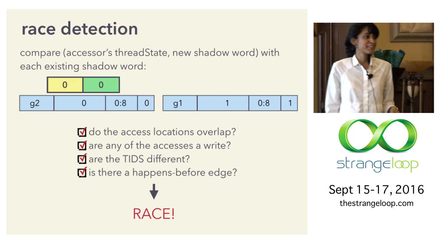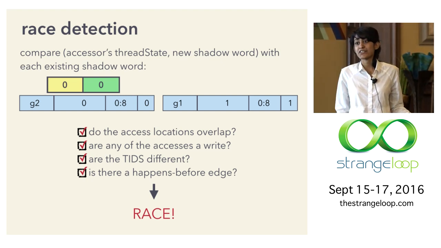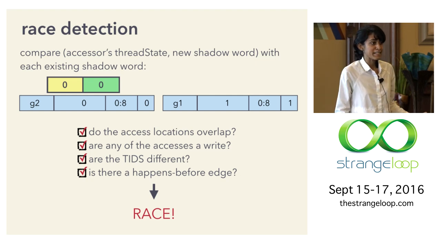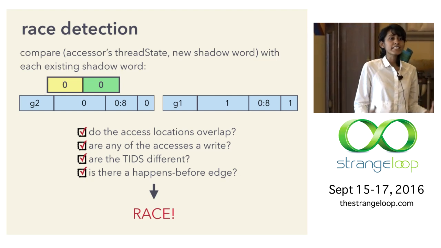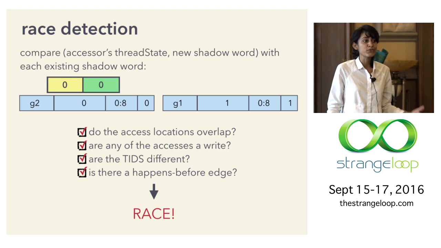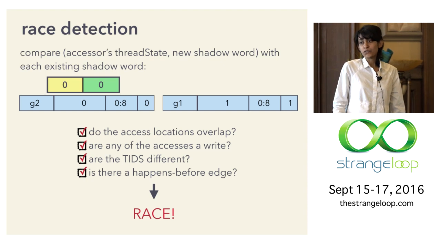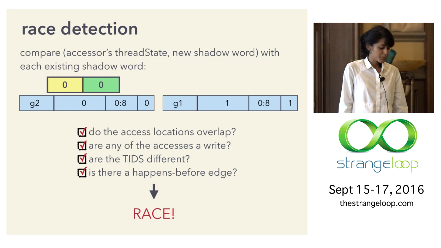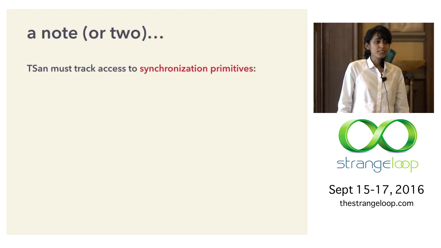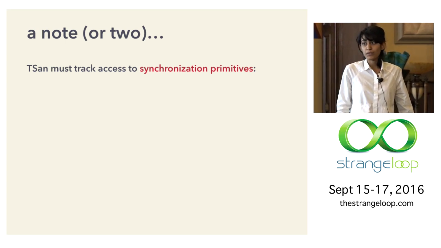So at this point, we've seen how TSAN implements race detection. This was the simplest example. There's obviously a lot more. TSAN's this hella huge C++ library, but a few important notes. First, TSAN obviously must track synchronization events as well, right?